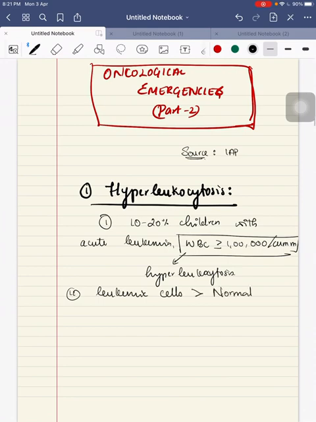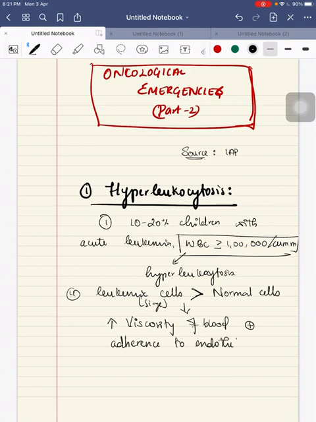So in this, the leukemic cells are larger than the normal cells in size. Thus it will lead to increased viscosity of the blood, plus they adhere to the endothelial cells of blood vessels.